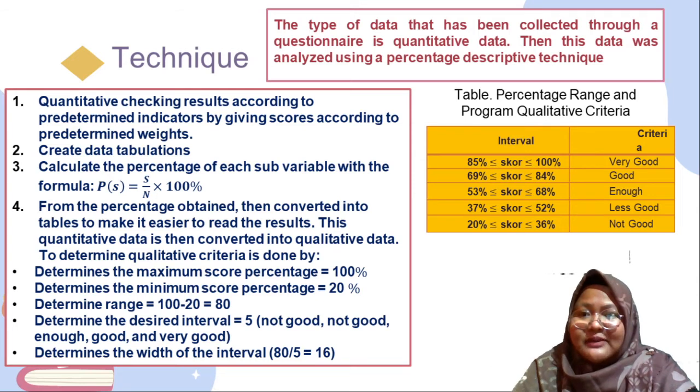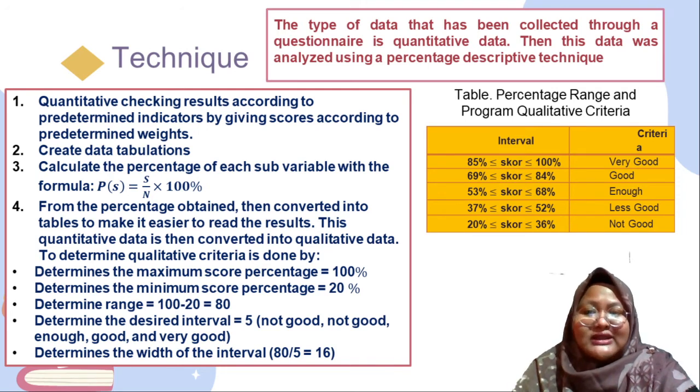The next step is, from the percentages obtained, we convert them into tables to make the results easier to read. This quantitative data is then converted into qualitative data.